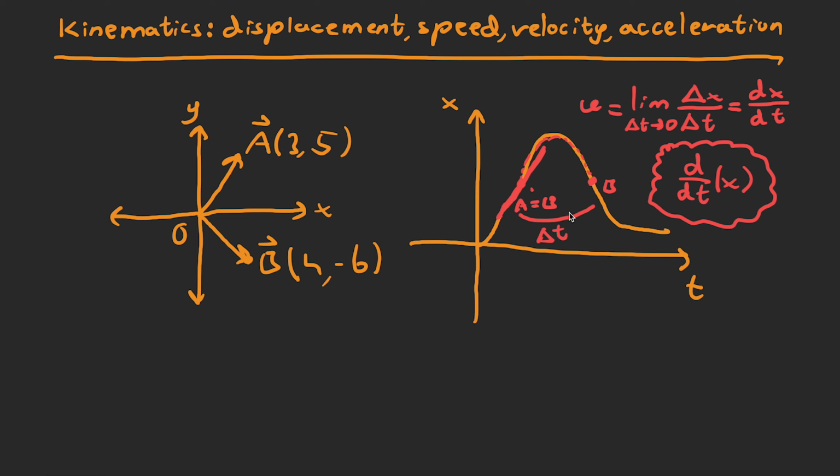Philosophically, that doesn't make a lot of sense for some people, but we're just here to do calculations. So you can just calculate the instantaneous speed as the derivative of the position, the derivative of displacement over the derivative of time.